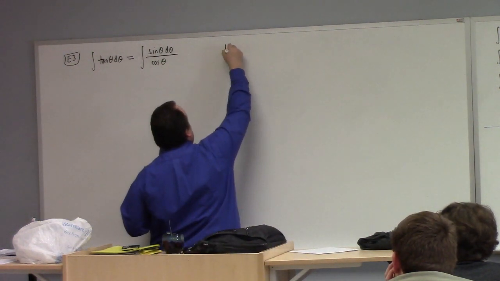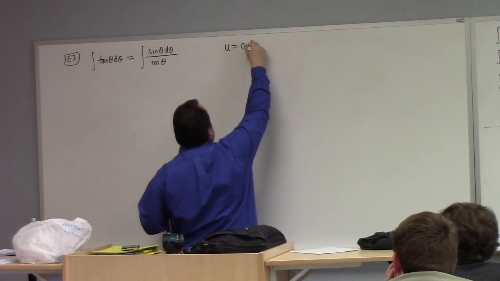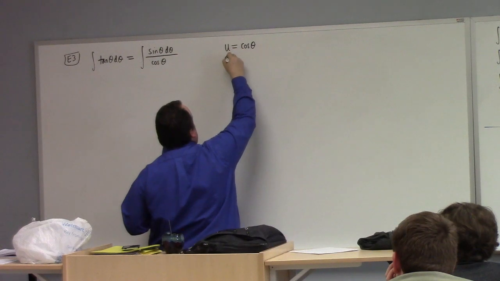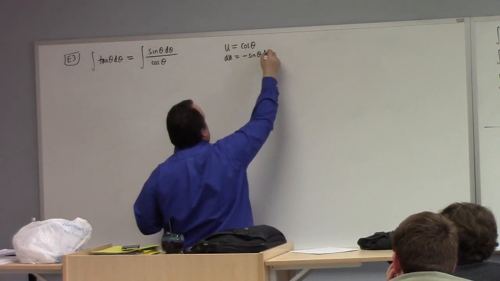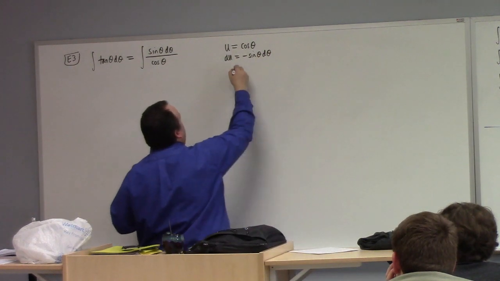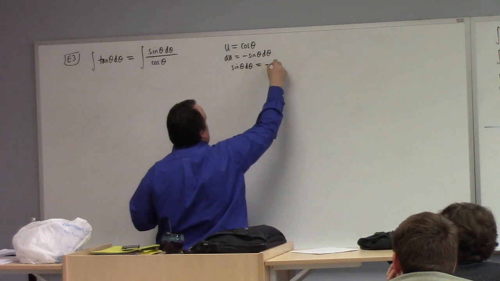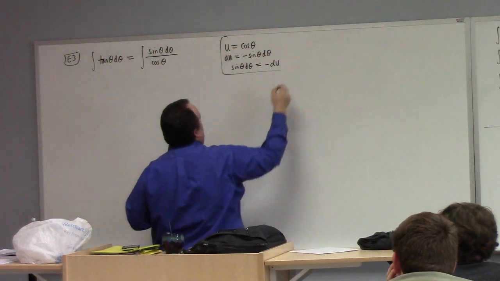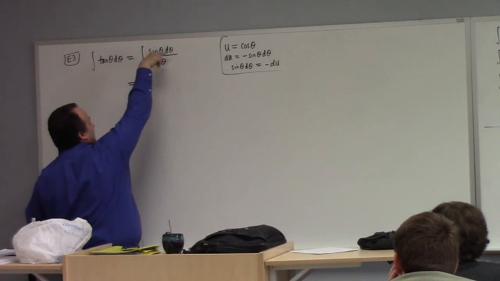If I let u equal cosine of theta, then du is minus sine theta d theta, right? So in other words, sine theta d theta is minus du.